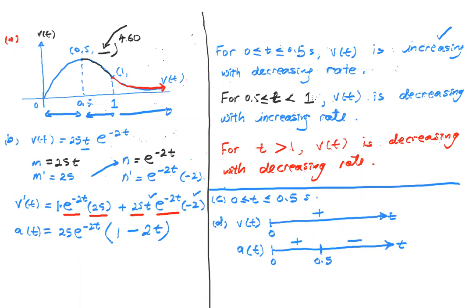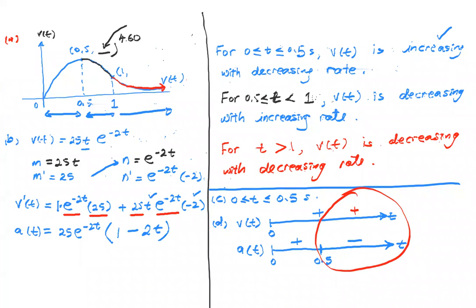Not necessarily. Now the question says, when is the speed of the object decreasing? Which region must I select? The one to the right, with the opposite sign. That means I must select this region, the opposite side.